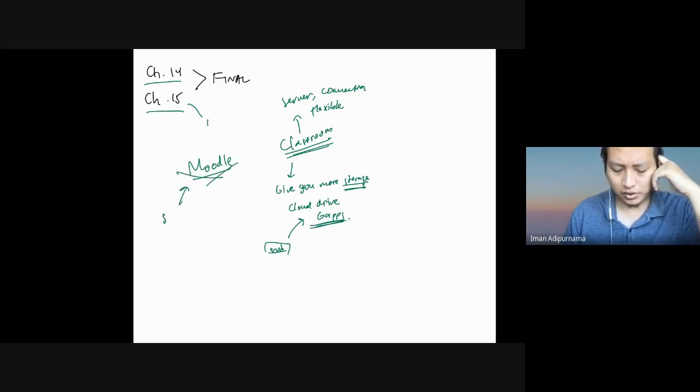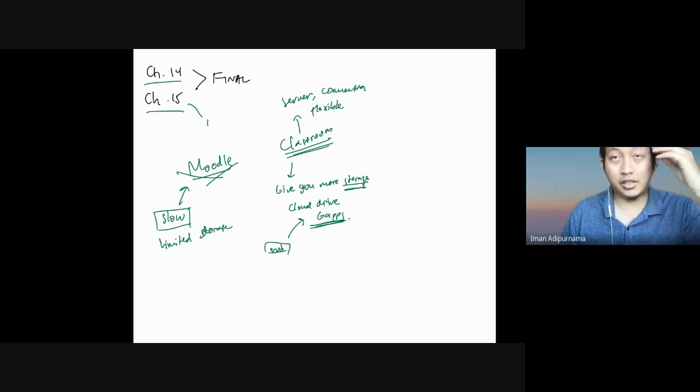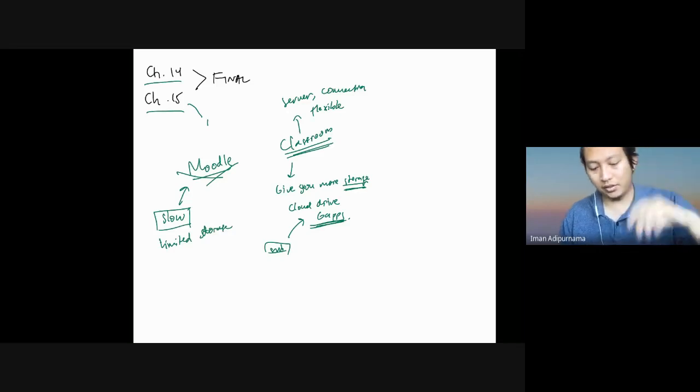Moodle is slow and it's limited for storage. You can try to upload files larger than 100 MB or 200 MB. You can do that in Classroom, but you cannot do that on Moodle. That's ridiculous, right? So I'm happy with the classroom.